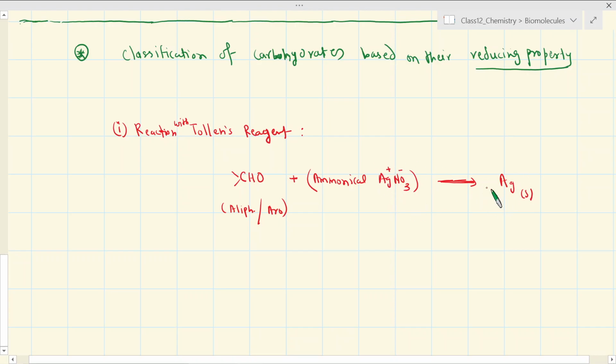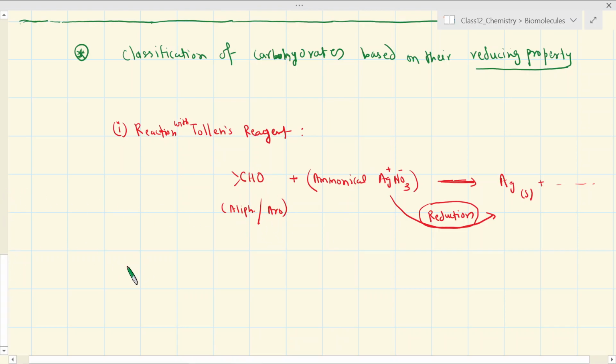So it is a reduction happening here. Your aldehyde is capable of reducing silver ions to silver metal, right? And you will definitely have some product formation, which you are not concerned with. This is one reaction the aldehyde group can give, whether aliphatic or aromatic.